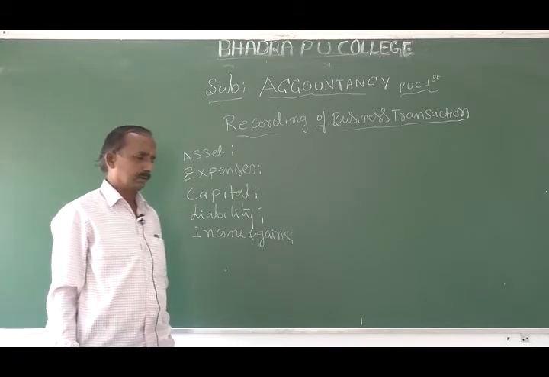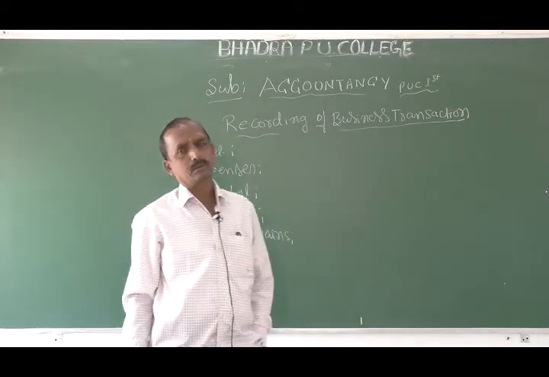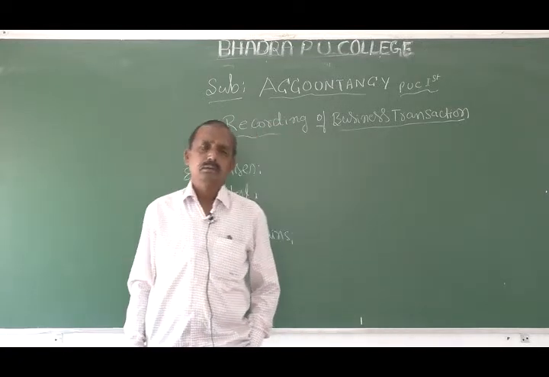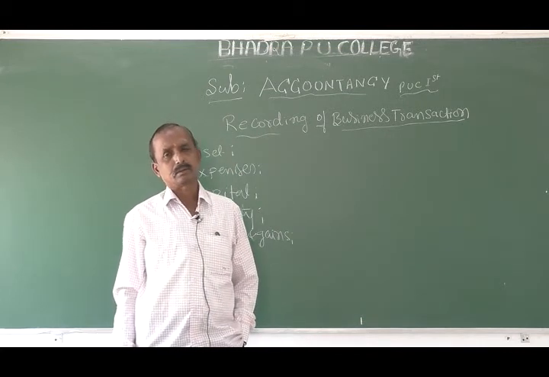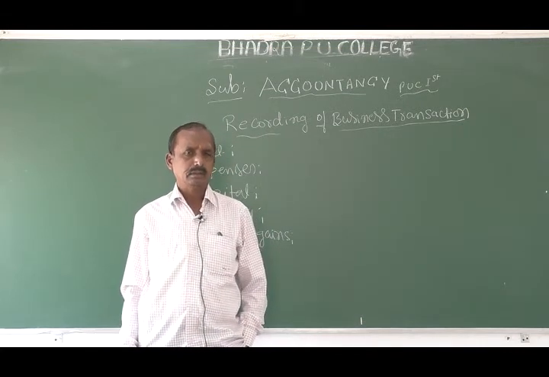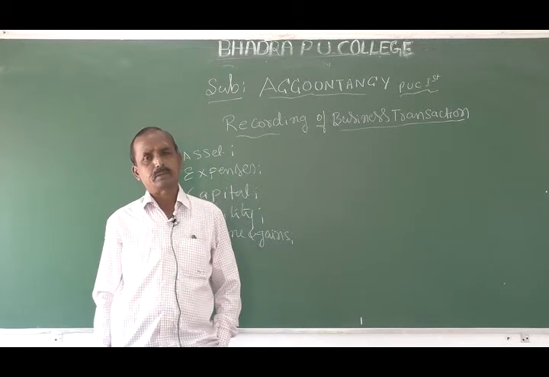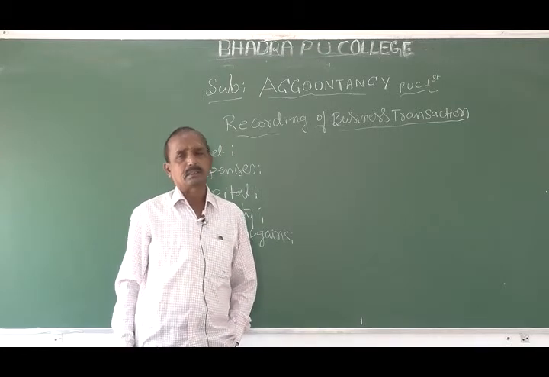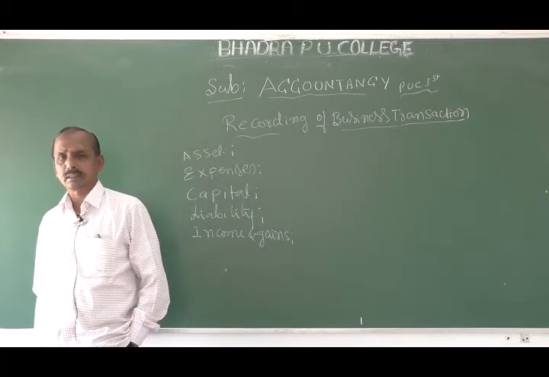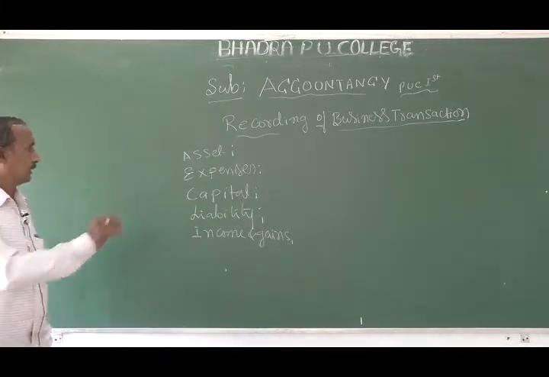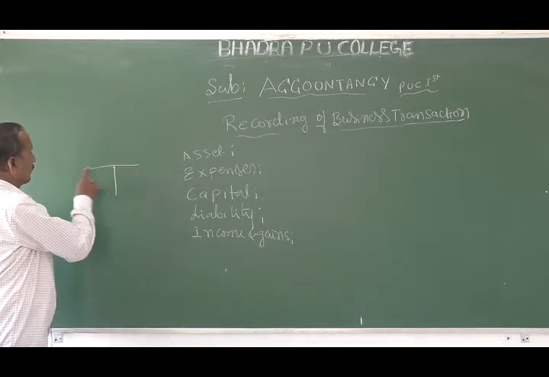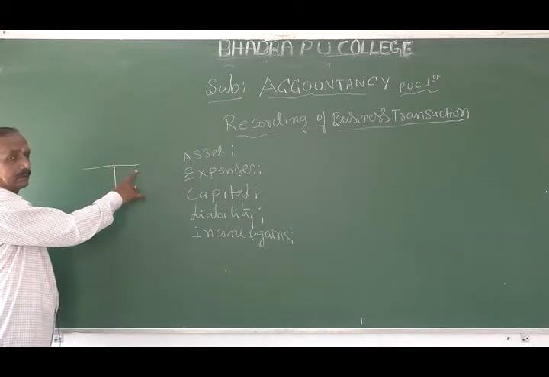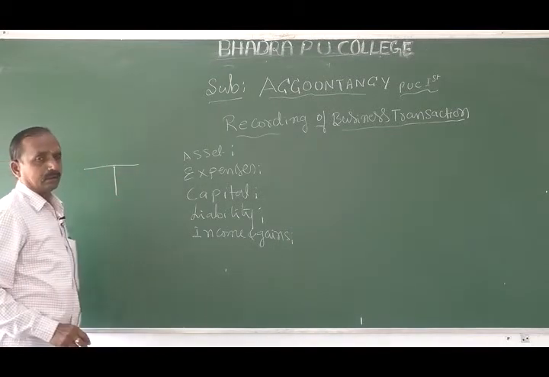You already know which one is a personal account, which one is a real account, and which one is a nominal account. The detailed explanation was given in previous classes. Now, how to write the transaction in debit and credit in a T shape: left hand side debit and right hand side credit.